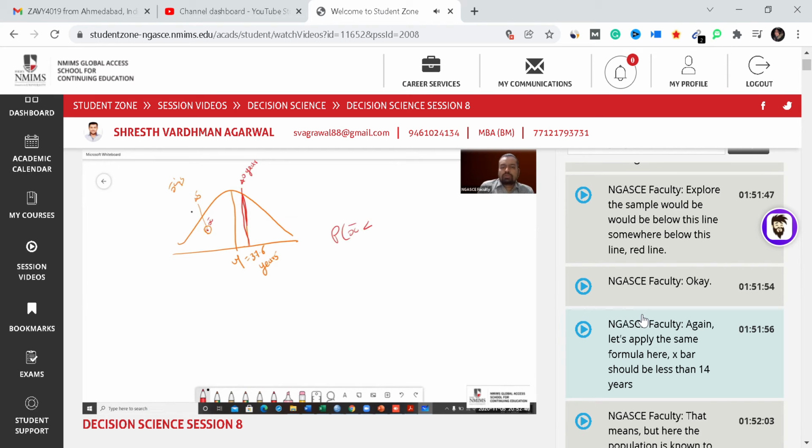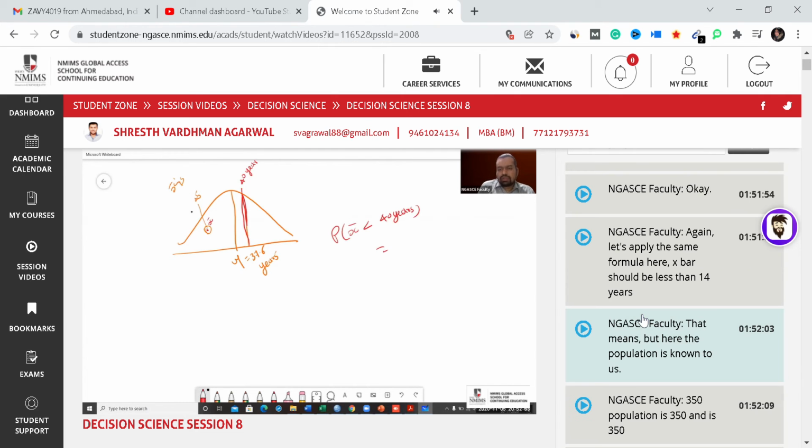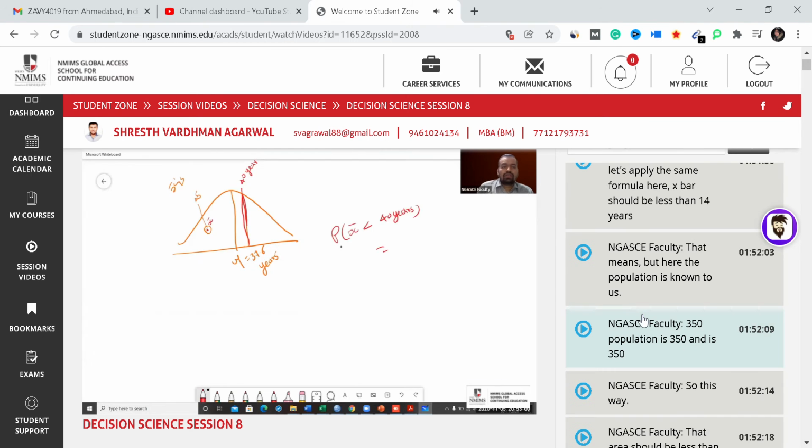Here x bar should be less than 40 years. But here the population is known to us. Population is 350, N is 350.